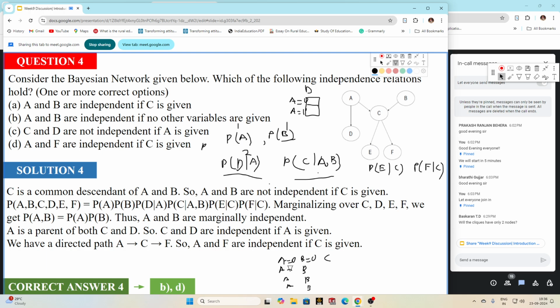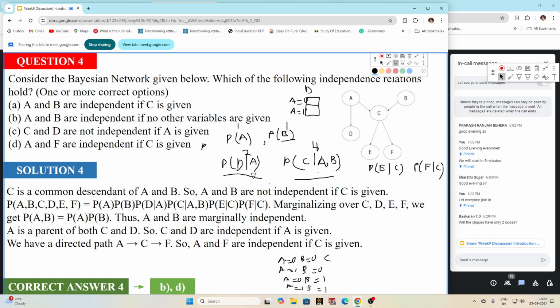Second is this is 1, this is 0. Then this is 0 and this is 1, and then 1 1. So there are 4 cases when we are calculating P(C) given A and B.